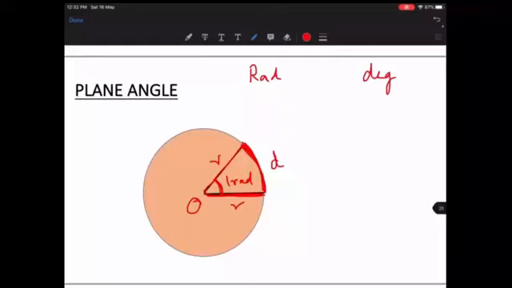Now you tell me, what is this entire angle at the center? This angle at the center will be 360 degrees. Fine. Now that you've understood what 1 radian is, let us derive the formula for radians. If R is equal to D, the angle subtended at the center is 1 radian.